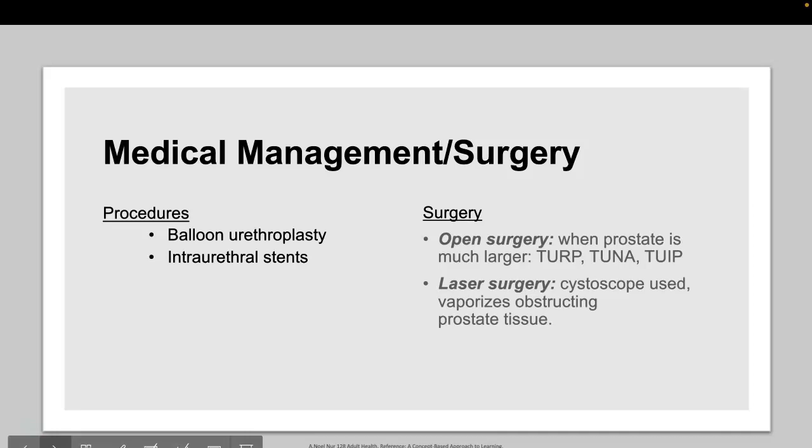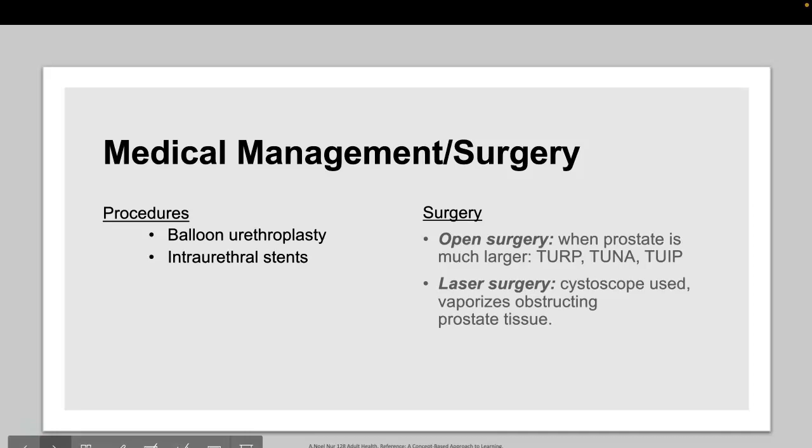So that's the TURP. And then there's a transurethral needle ablation, or TUNA, and basically this one uses a low level frequency system, and they use twin needles to burn away a region of the enlarged prostate.